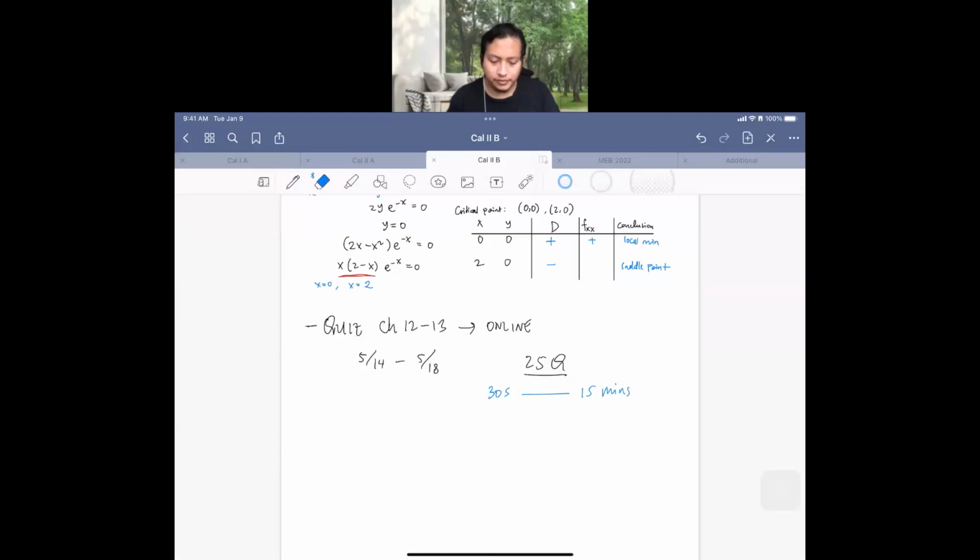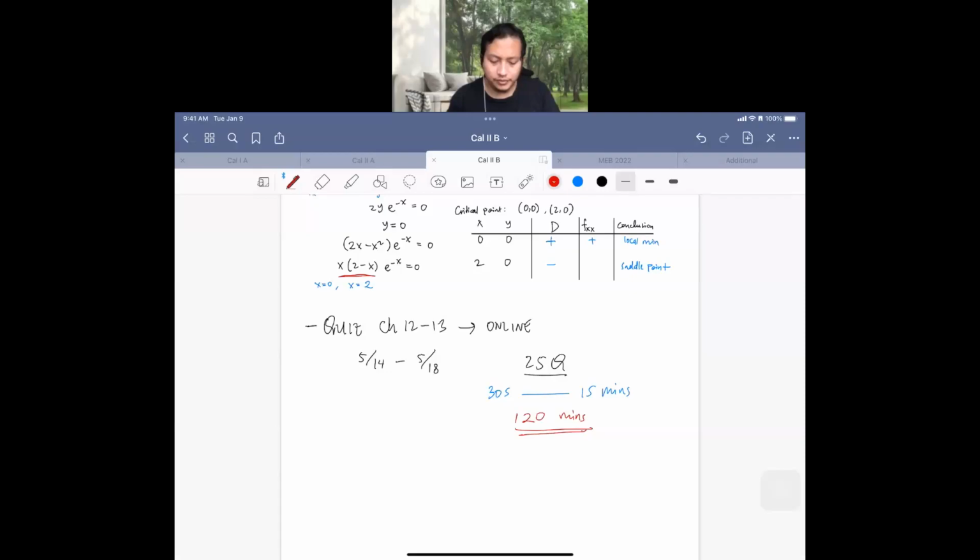If you look at the 25 questions and take the maximum duration, it will take probably around 2 hours, so around 120 minutes. This is, I think, the safe time that you can have for your quiz.